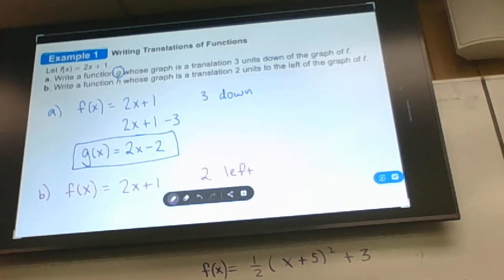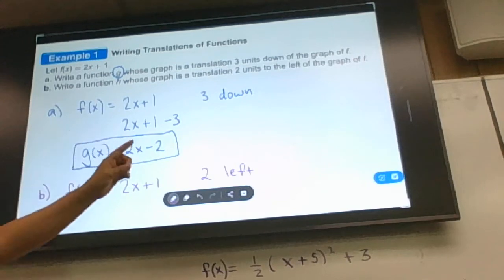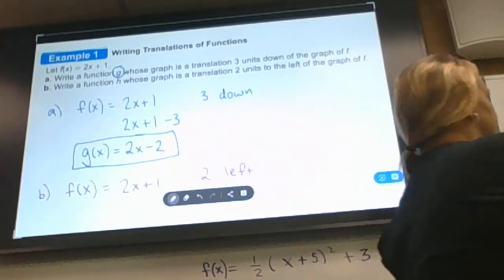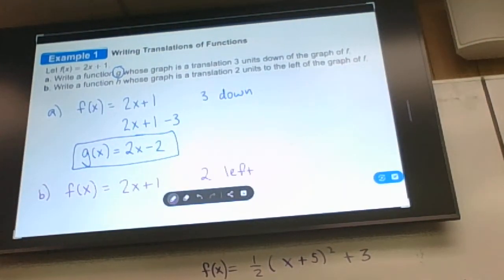Letter B says, take f of x and move it to the left. For horizontal translations, we want to add or subtract from the x value, not from the k value. Switch over the word opposite here.